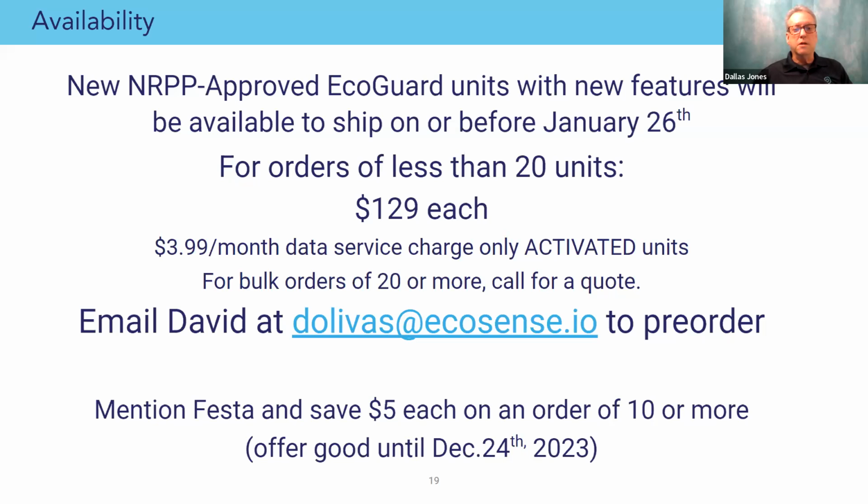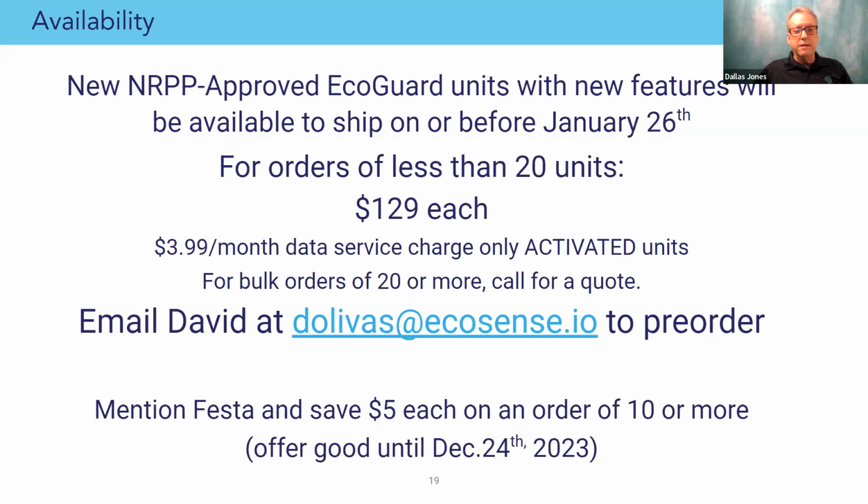These new NRPP-approved EcoGuard units with the new features I've been talking about will be available to ship before January 26th. I'm hoping it's sooner than that, but certainly by then. So for orders of less than 20 units, the price on those is $129 each.